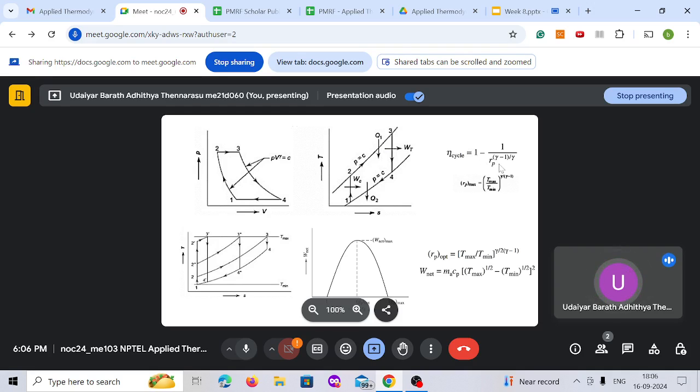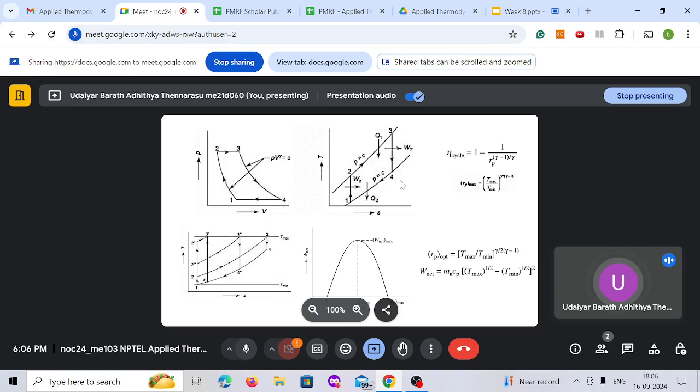But when your compression ratio increases, your inlet temperature T2 also increases. So there is a restriction from a metallurgical point of view. You cannot exceed some temperature. So there is a limitation on the maximum temperature which you can reach, and that limits your cycle.